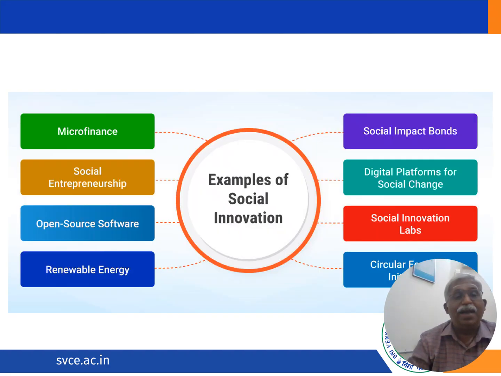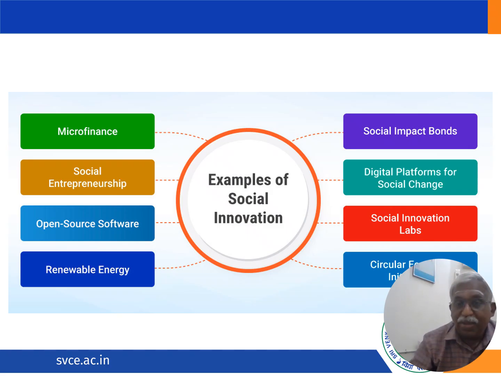Now we have important social innovations. We have different social innovations: microfinance, social entrepreneurship, open source software, renewable energy, social impact bonds, digital platforms for social change, social innovation labs.